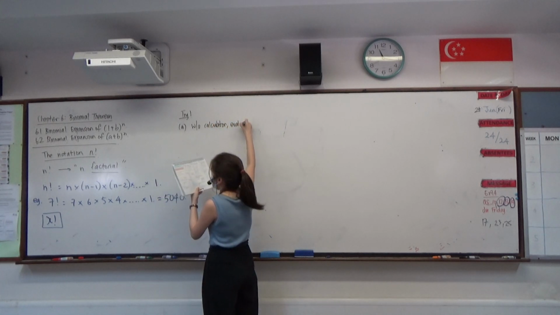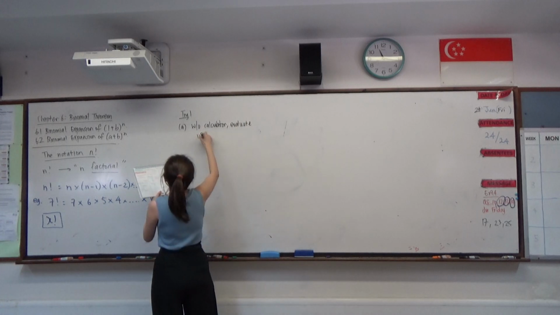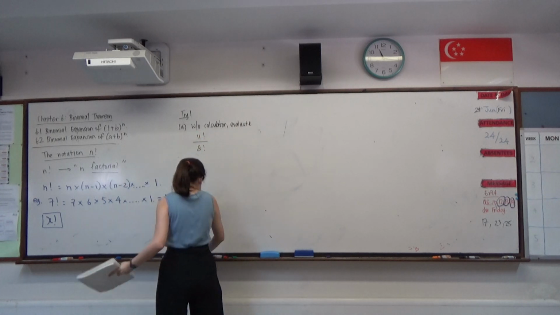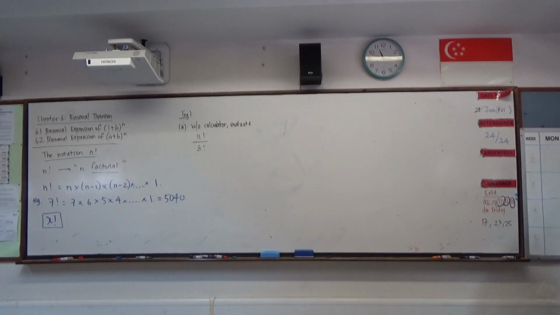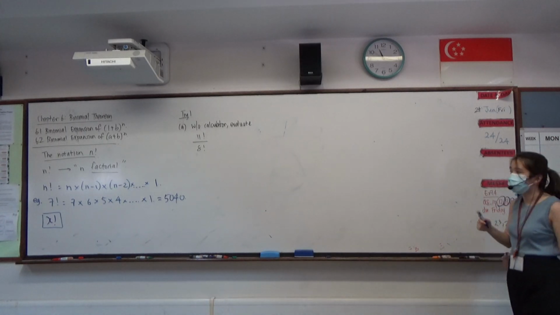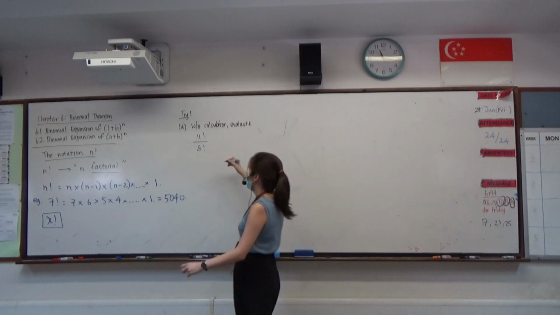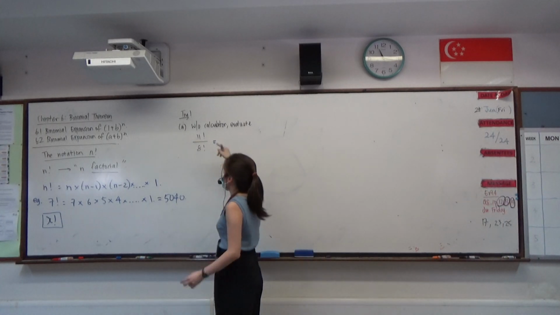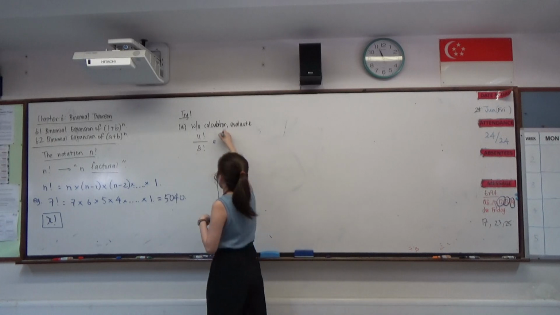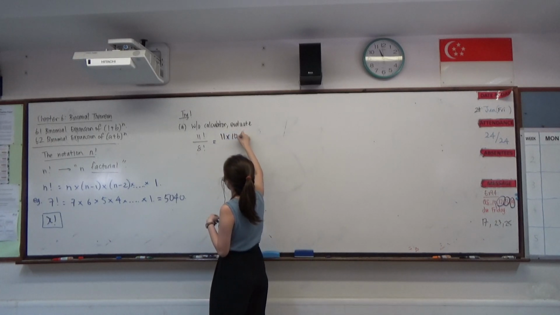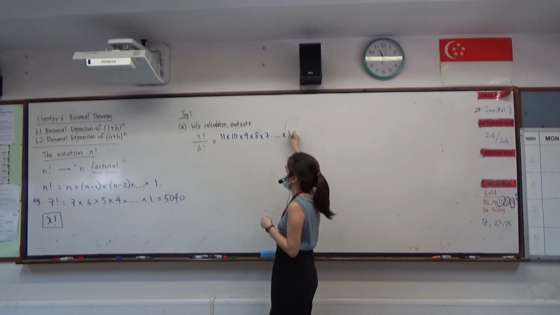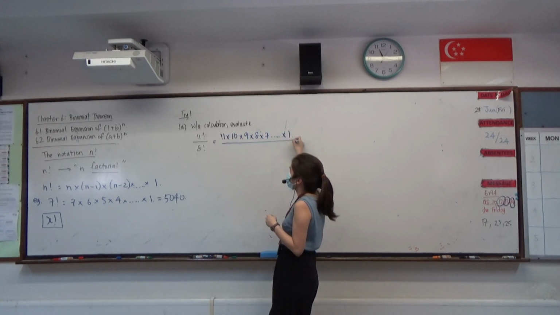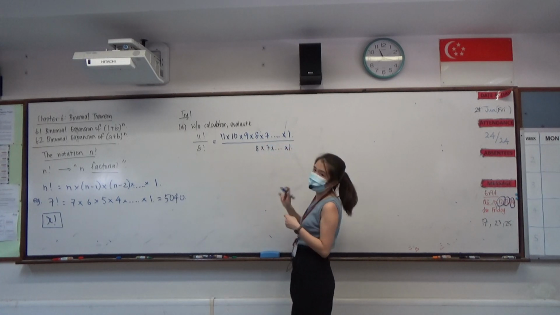Without calculator, evaluate 11 factorial over 8 factorial. Of course, in the exam, they will not ask a question like that, but we need to learn how to simplify, and we start by using numbers. 11 factorial is 11 times 10 times 9 times 8 times 7 all the way to times 1, and 8 factorial is 8 times 7 all the way to times 1.